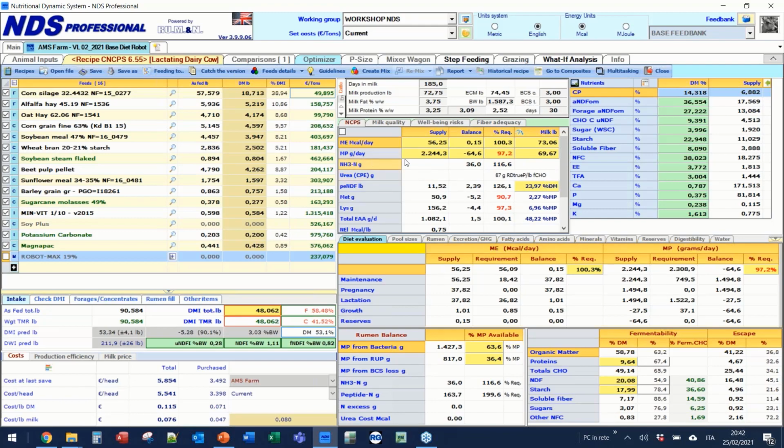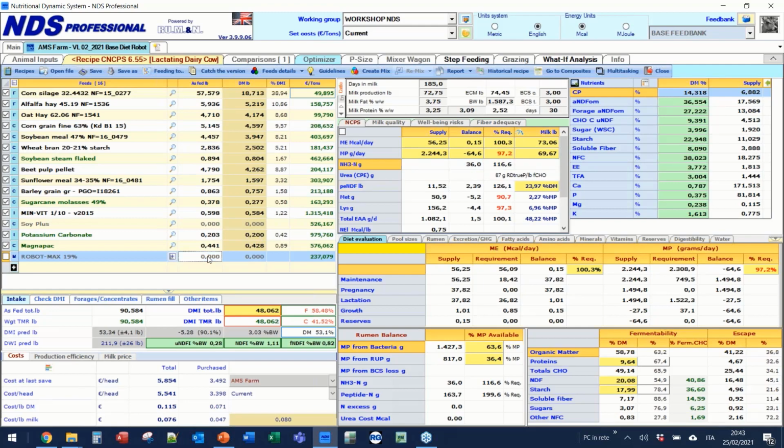I want to monitor the nitrogen through the rumen ammonia and through the rumen degradable protein per pound of fermentable carbohydrate. For these two numbers, I think about a minimum around 11% and a minimum around 85, 90 grams, in order to be sure that my diet is close to being fine even for nitrogen.